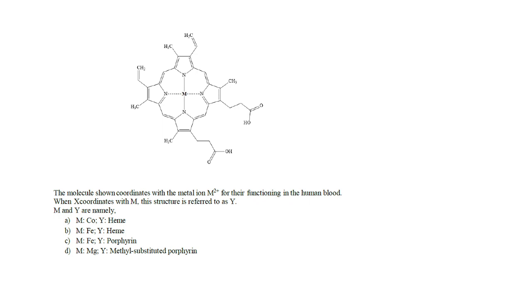We have a molecule X that coordinates with the metal ion M2+ for its functioning in human blood. When X coordinates with M, this structure is referred to as Y. What are M and Y?